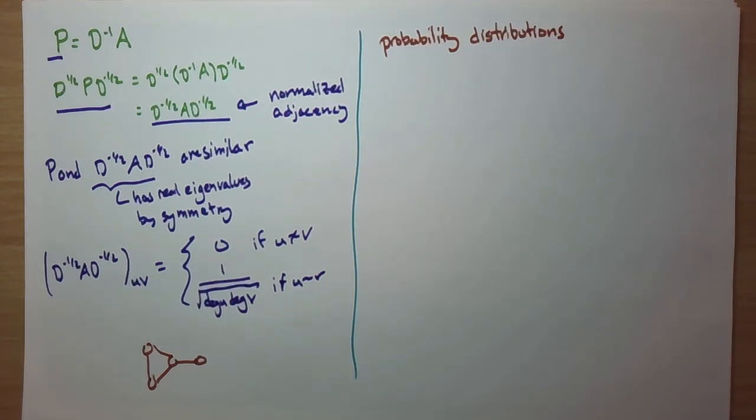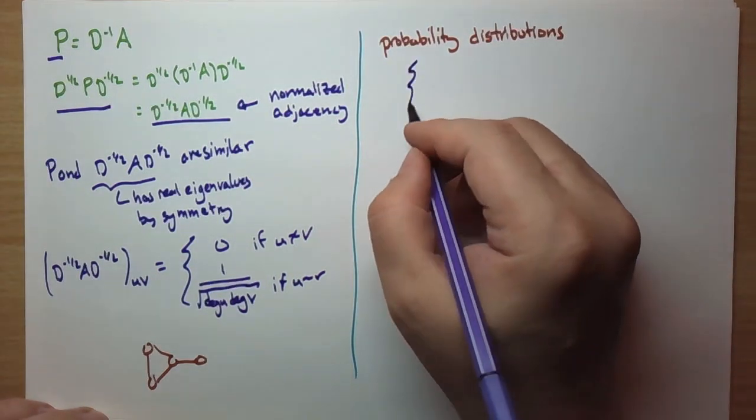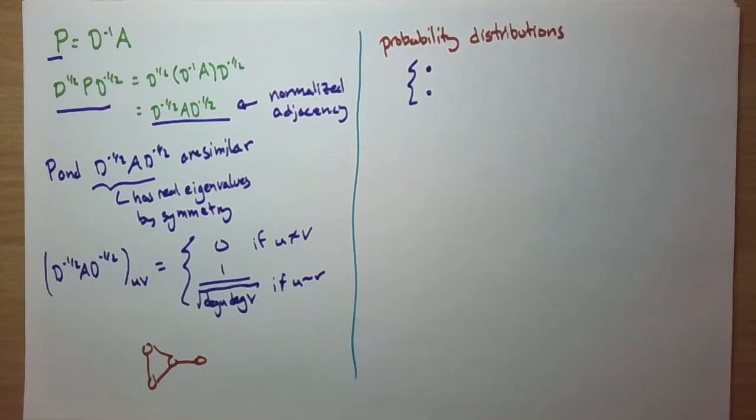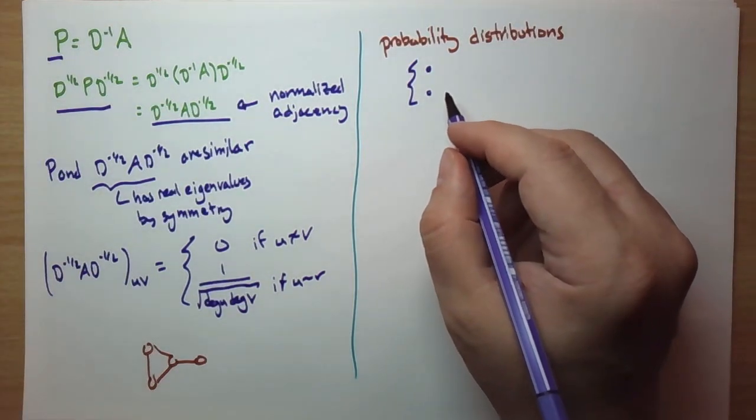Okay, so what are some important facts about a probability distribution? In some sense, there are two important things that should be true. The probabilities are between 0 and 1.